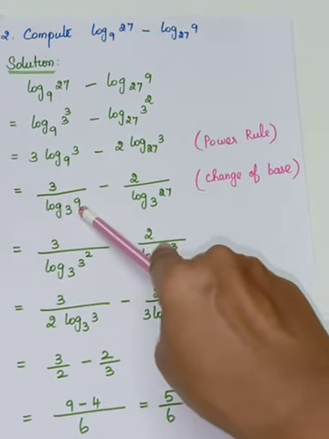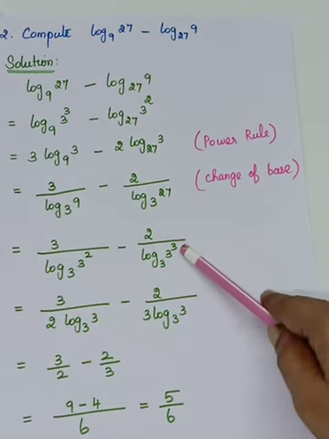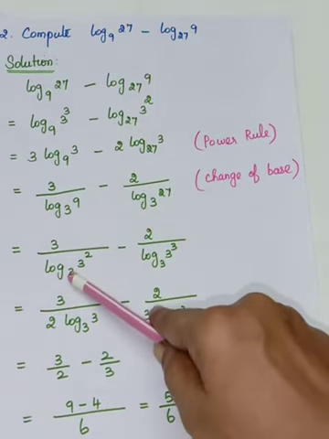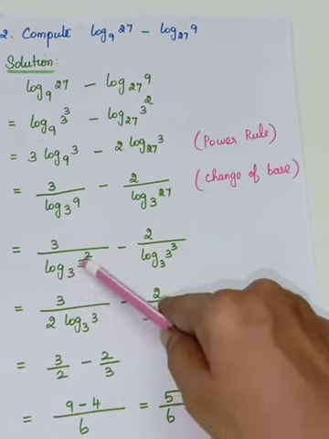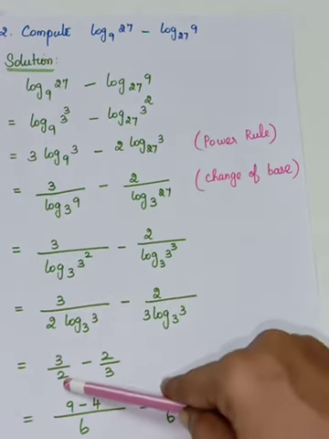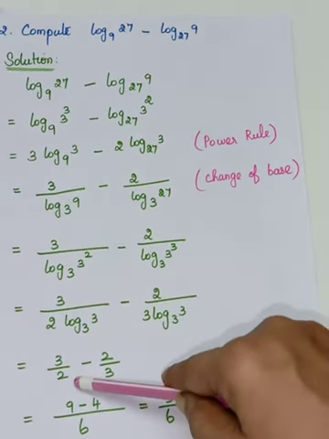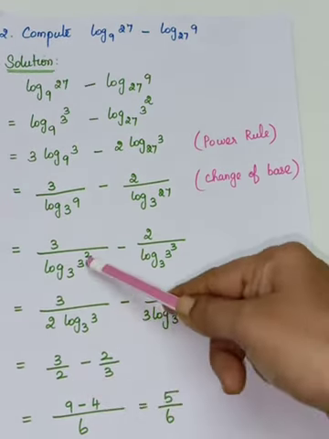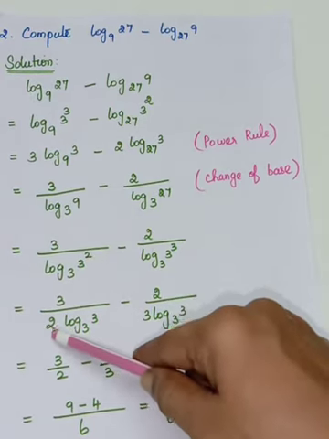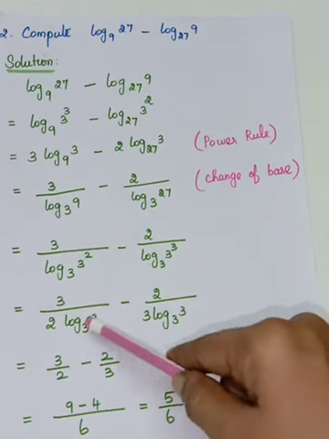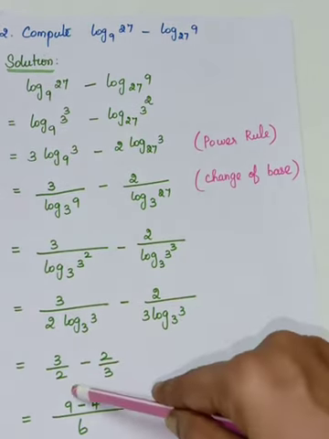Again, 9 can be written as 3 squared and 27 as 3 cubed. Now the base and the exponential function base are the same. So here I have applied the power rule again. Directly also you can come to this step. Applying the power rule, the 2 goes to the front: 2 log 3 to the base 3, and the answer is 1. So you can bring it directly to this step.